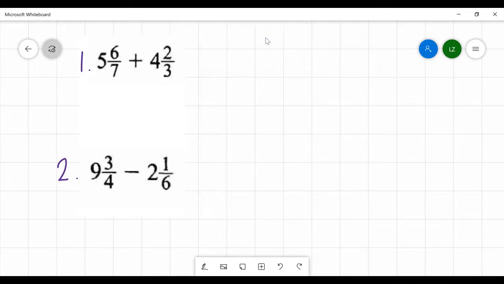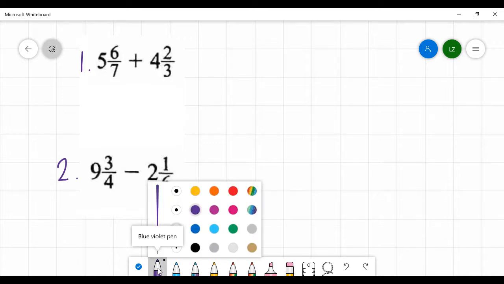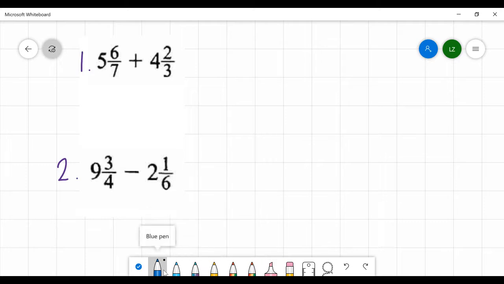All right. So let's work out an example together. This first addition one, step one, we have to find a common denominator. So we're going to look at 7 and 3 and say, what would be my least common multiple?